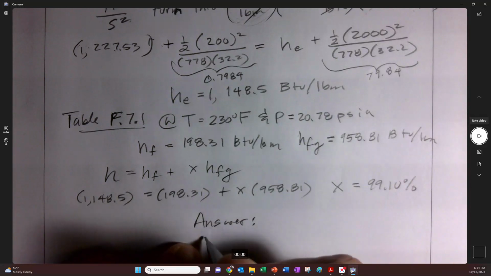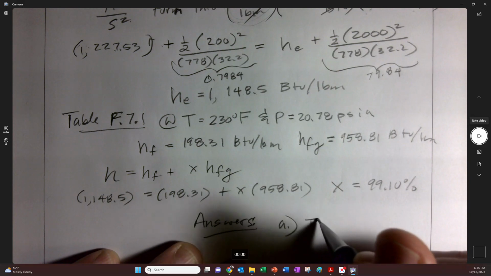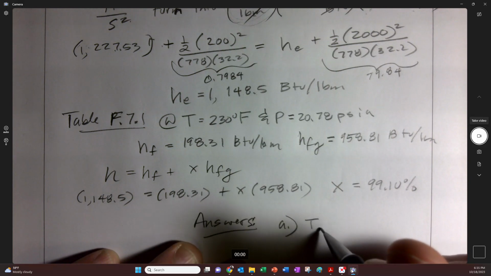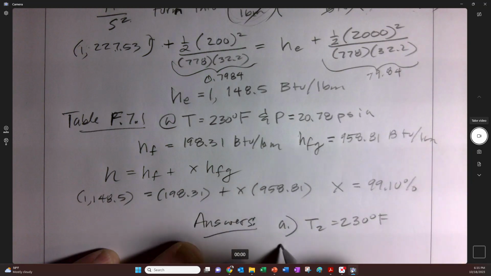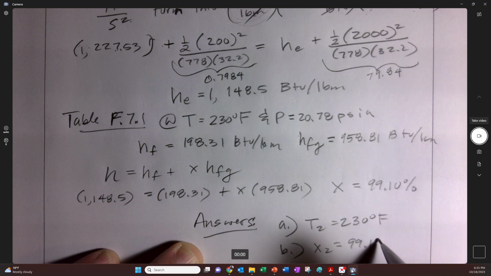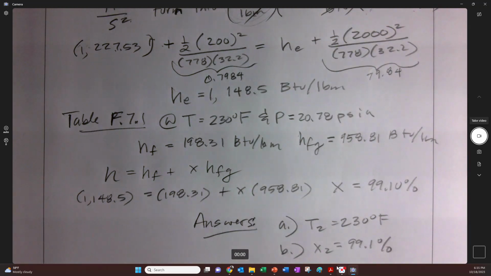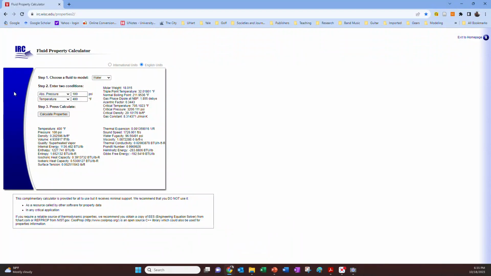But hold on for a second. Answers: T2 is going to be 230 degrees Fahrenheit, and X2 is 99.1%. So here, let's do the same problem and make our lives a little bit easier.